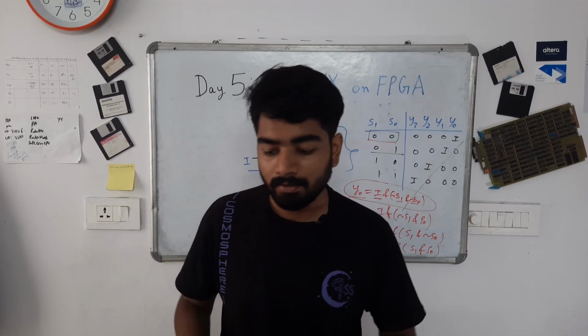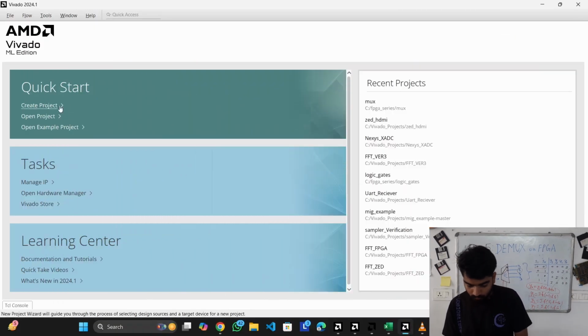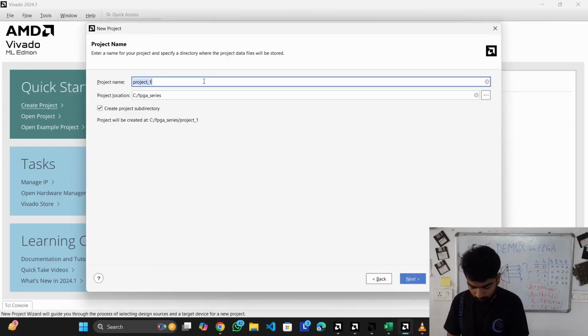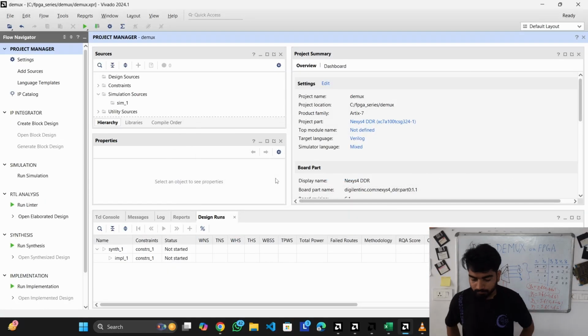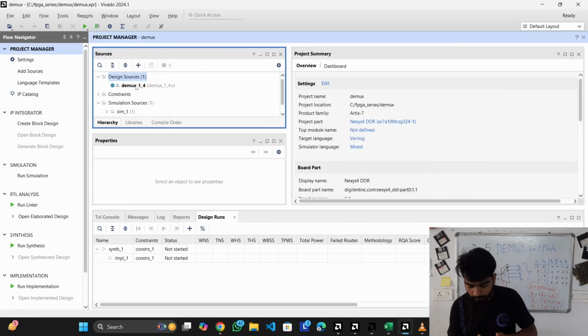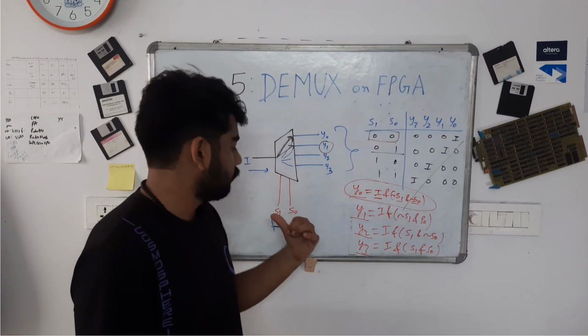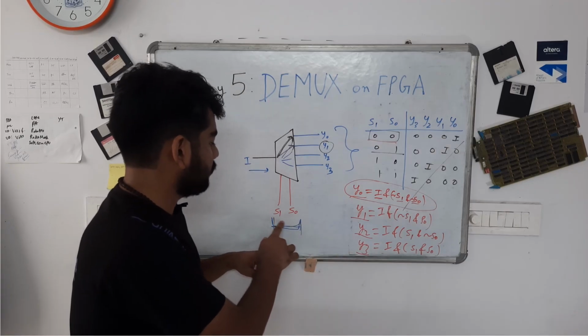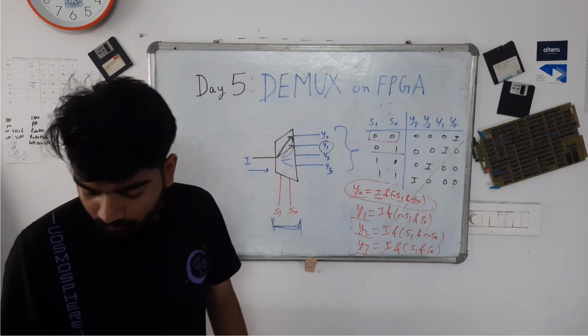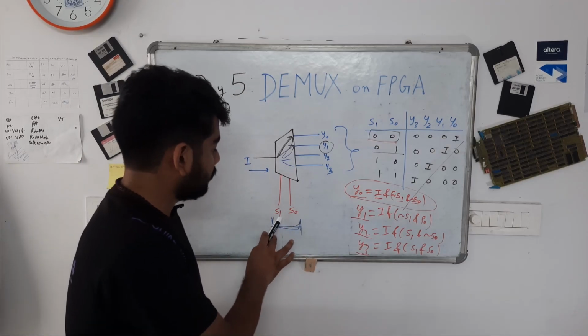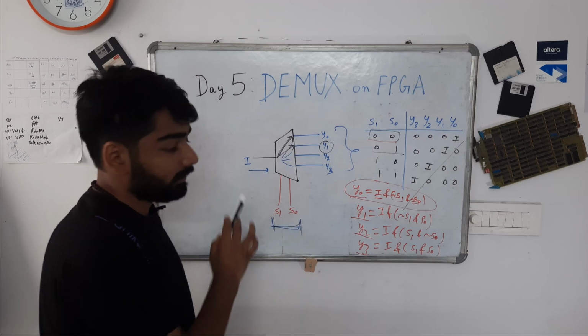So let's go to Vivado and write the Verilog code. I'll go to create project. In here I will simply write all those expressions. You can see we have selection lines S1 and S0, and we have 1 input line, right?